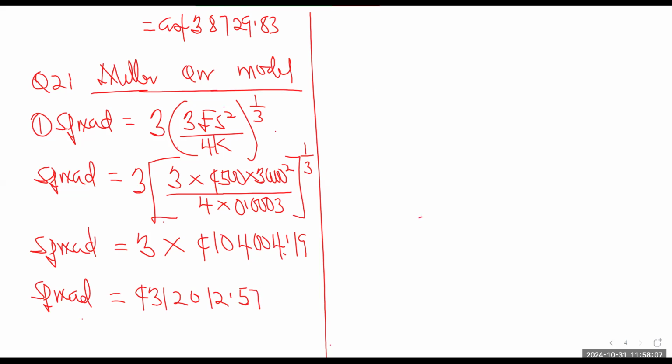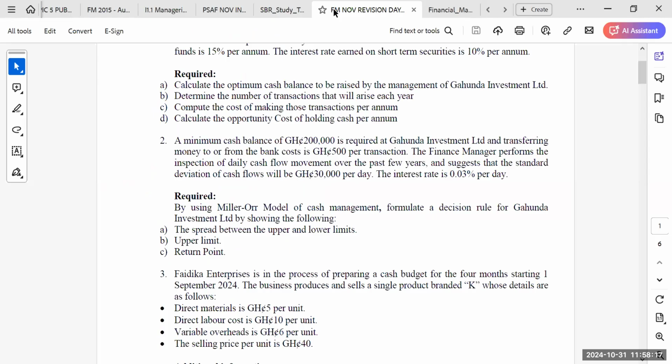Let me go to the next question, which is the upper limit. Calculate the upper limit. The upper limit is calculated as the lower limit plus the spread.